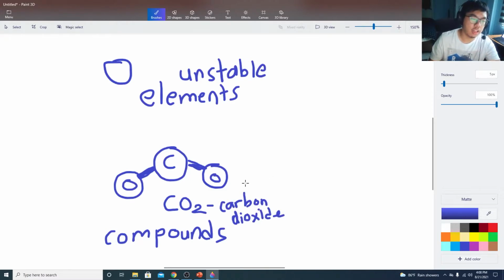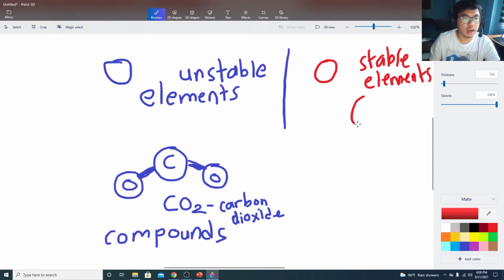So unstable elements want to form bonds with other unstable elements, except there are some elements that are stable. These are all the elements in group 8. When they are stable, they do not need other atoms in order to have a complete electronic shell. They're fine on their own.